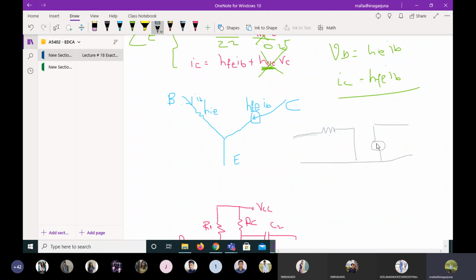This is the VB voltage. This is the VC voltage. Okay, simplified H parameter model.